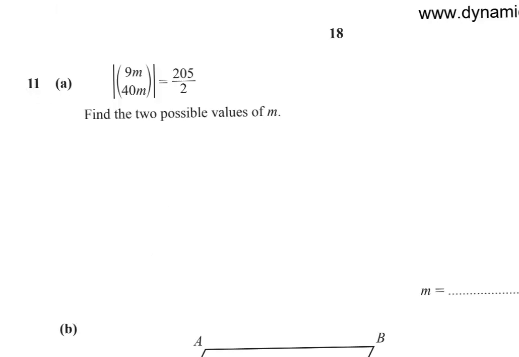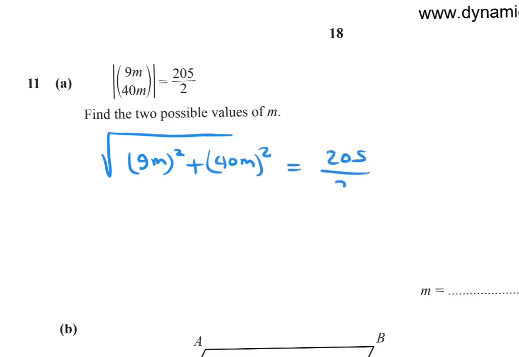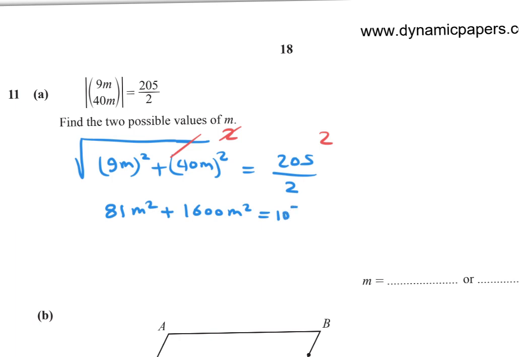Number 11a, the magnitude of this vector is 205 over 2. So this means the square root of 9m squared plus 40m squared is 205 over 2. Now square both sides. The square cancels the square root. So now you are left with 81m squared plus 1600m squared equals 10,506.25.